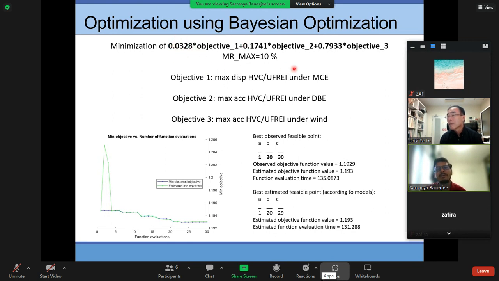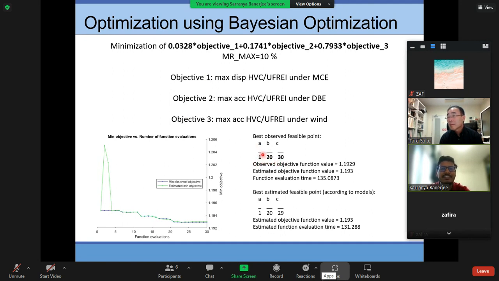Because the maximum considered earthquake is once in 2500 years, the weight is very low, and the wind is once in 50 years, so the weight is very high. So when I design this tuned mass damper with this objective using Bayesian optimization, the result is that we don't need a TMD for the earthquake, we need a TMD for the wind.